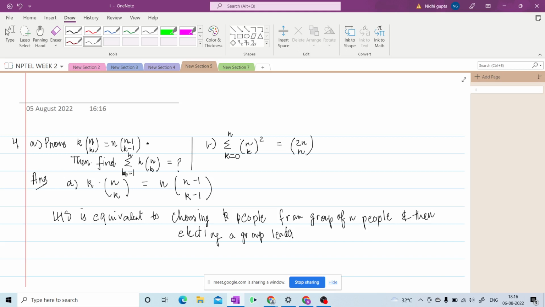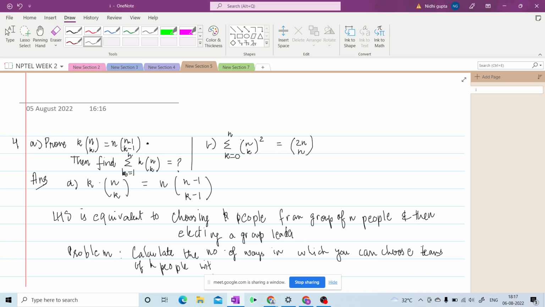So our problem is to calculate the number of ways in which you can choose teams of k people with a team leader from a group of n people.